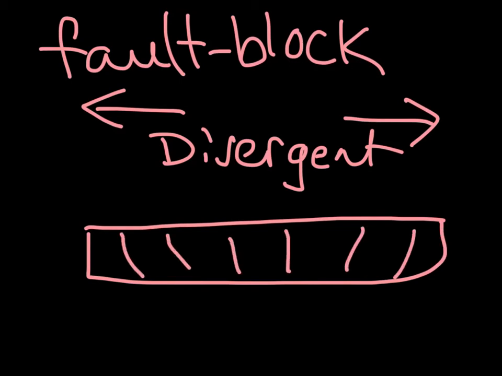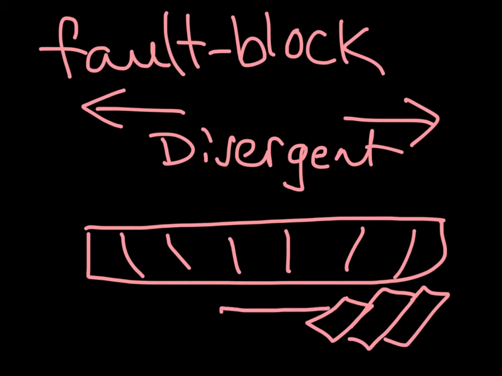Okay, and as this happens, you're going to find that these pieces out here are going to start to tilt. Okay, and then this center section is going to drop, and again you're going to get tilting rock out here, which is going to cause mountains to form with a valley in between.